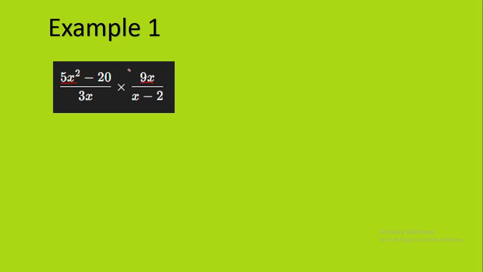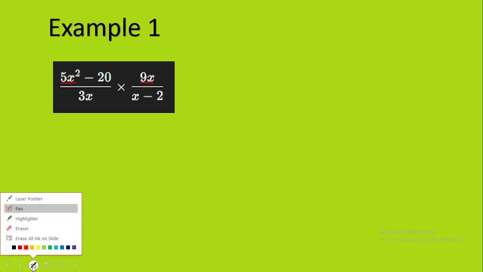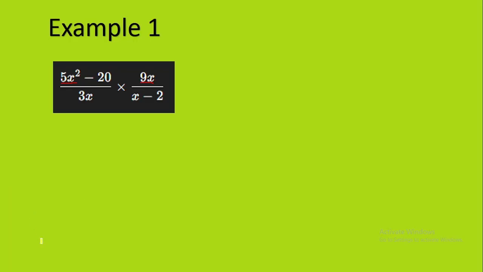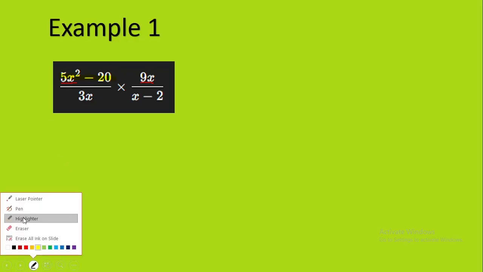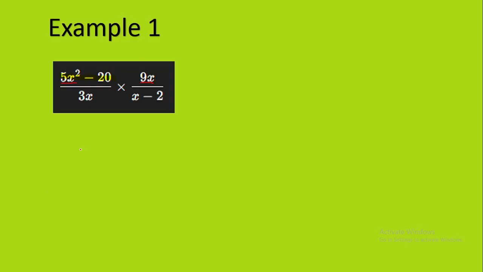The first thing we need to do is see all of the terms that we can factorize. Look at the numerator of the first fraction. I'm going to highlight it so you can see.